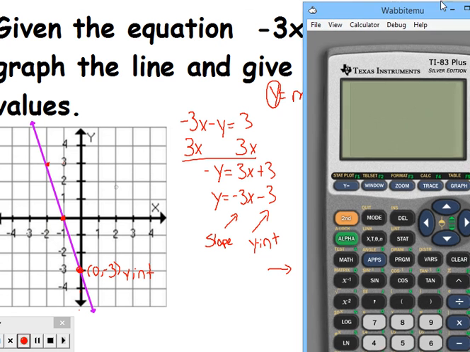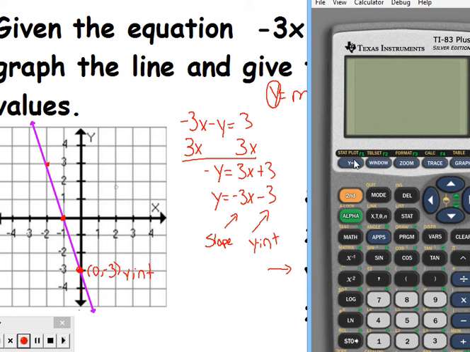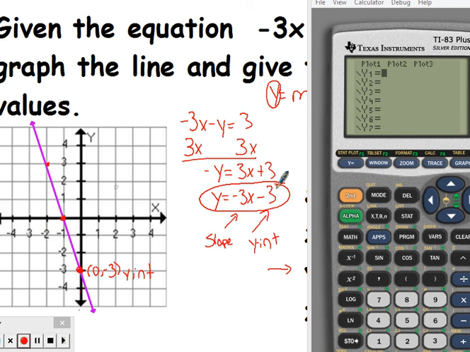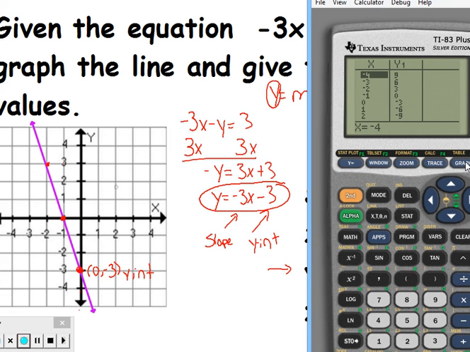So in our calculator, we will push y equals, and we're going to put our equation -3x minus 3 in the calculator. And second graph. Okay, I'm believing that -1, 0 right here is our x-intercept.